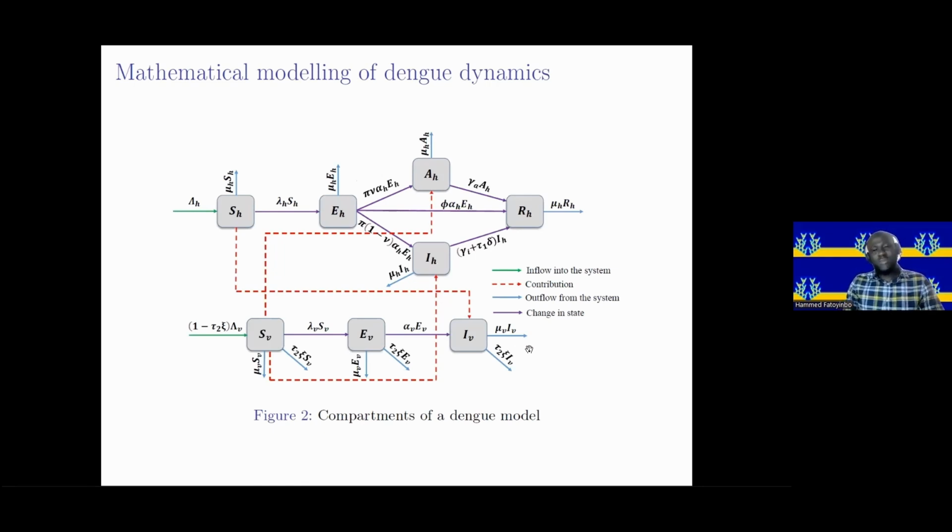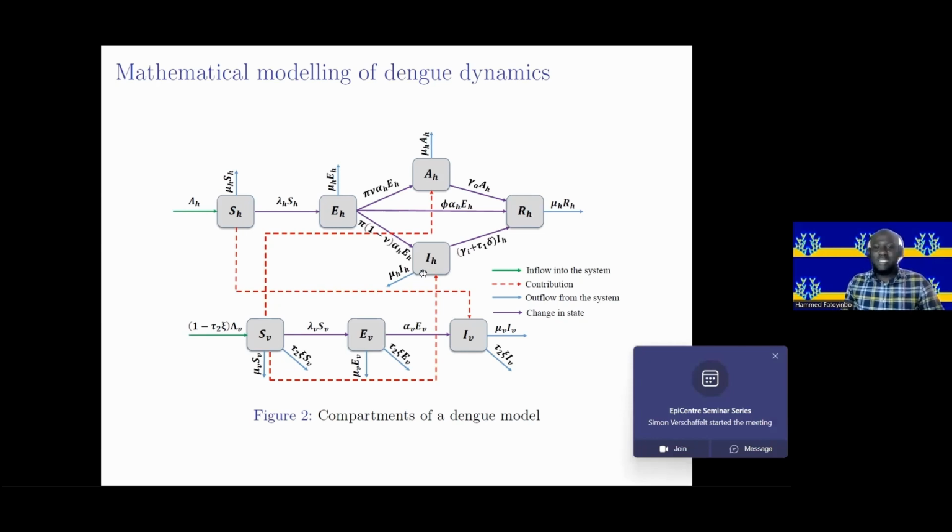The human population is classified into 5 epidemiological subclasses: SH, which is the susceptible humans, EH, the exposed, A is the asymptomatic, and I is the symptomatic, which is also the infectious class. Then we have RH, which is the recovery class.